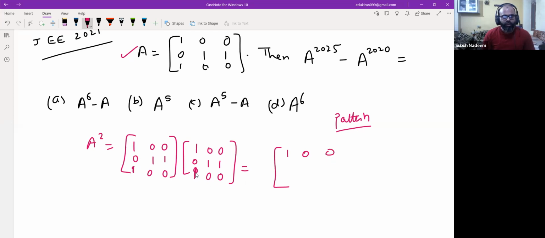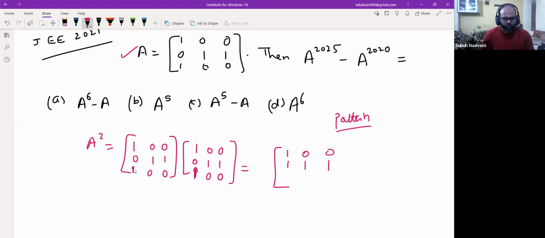Second row and first column gives 1. Second row, second column, 0 plus 1 plus 0, gives 1. Second row, third column, 0, 1, 0, gives 1.